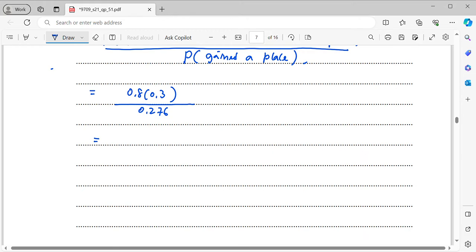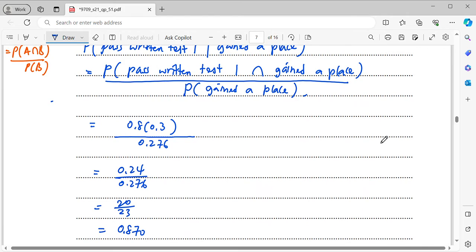Then now I will be getting 0.24 divided by 0.276. At last, you will be getting 20 over 23, or you can leave your answer in decimal, which is 0.870, correct to 3 significant figures. So this is the solution for part C.